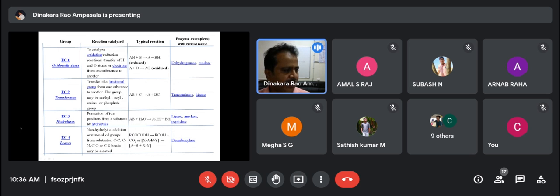Hydrolases: in these reactions, the bond is broken using a water molecule. Those types of reactions are kept under this group. Lyases: non-hydrolytic reactions, removal of groups from substrates. Without a water molecule, those reactions break the bond or transfer functional groups from one molecule to another by breaking the bond.